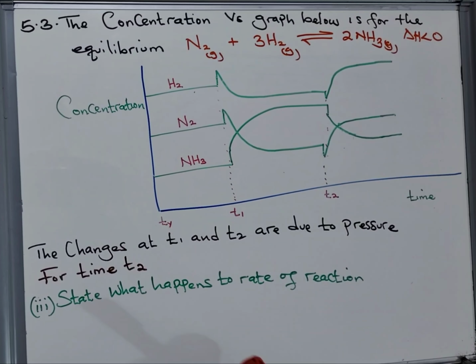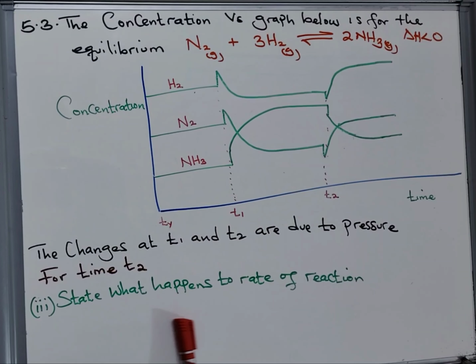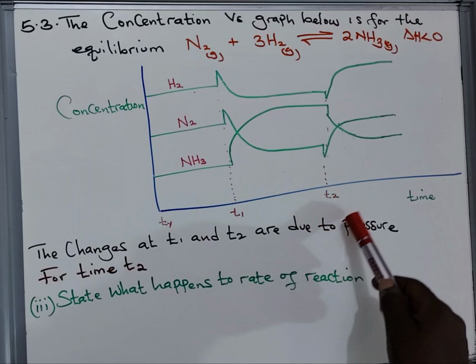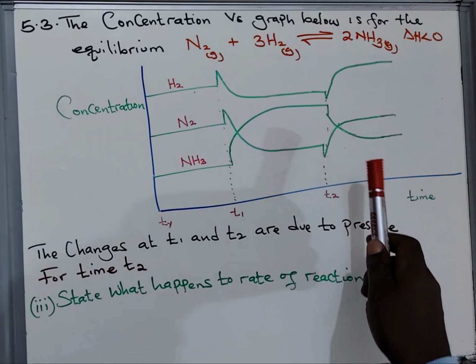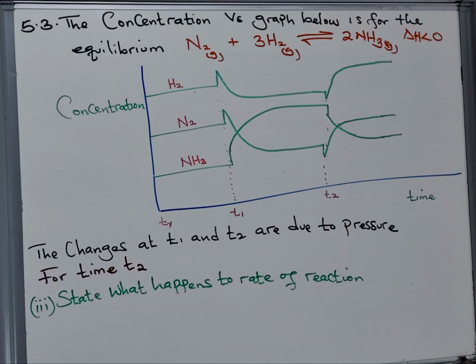Then comes this question. It says, state what happens to rate of reaction. Okay, we have to know that at T2, our pressure is decreasing. And pressure is one of the factors affecting rate of reaction.